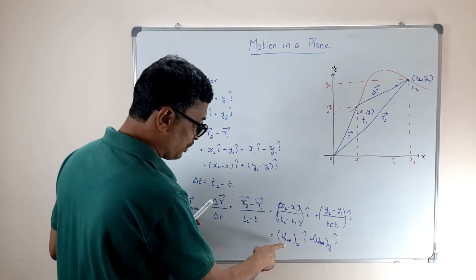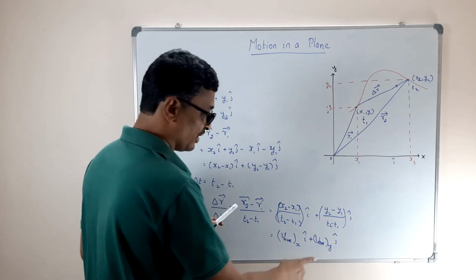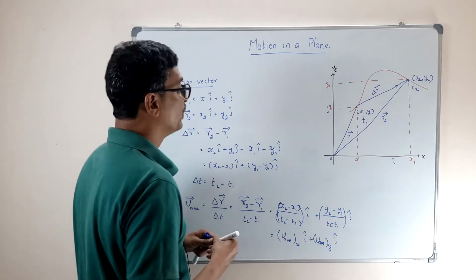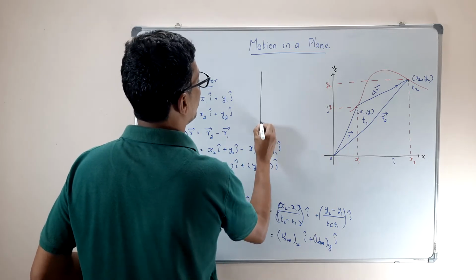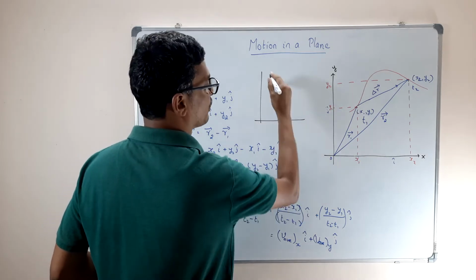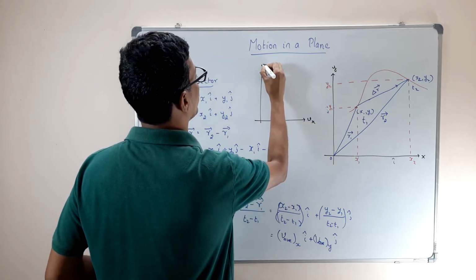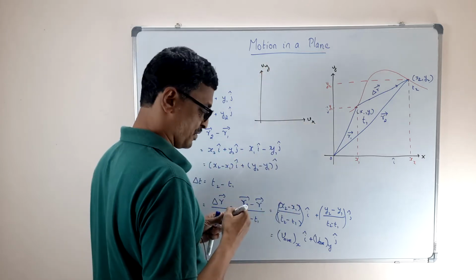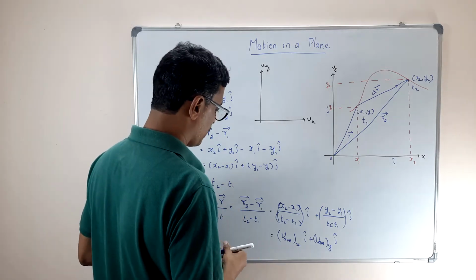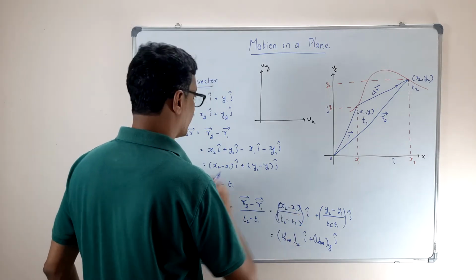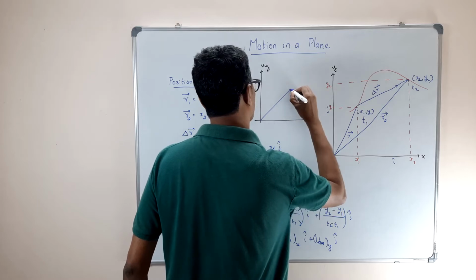So then I know V average x is also there, V average y is also there, correct? So then you can again resolve, in place of x and y, you can write Vx, Vy, okay? So Vx and Vy, and then this vector V average we can write as a certain vector.